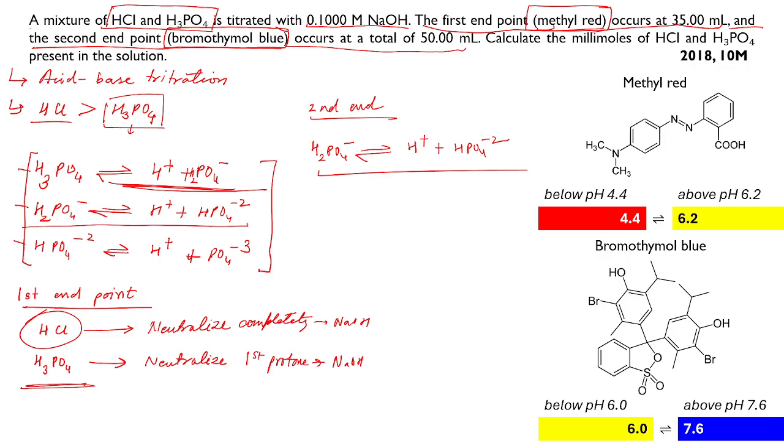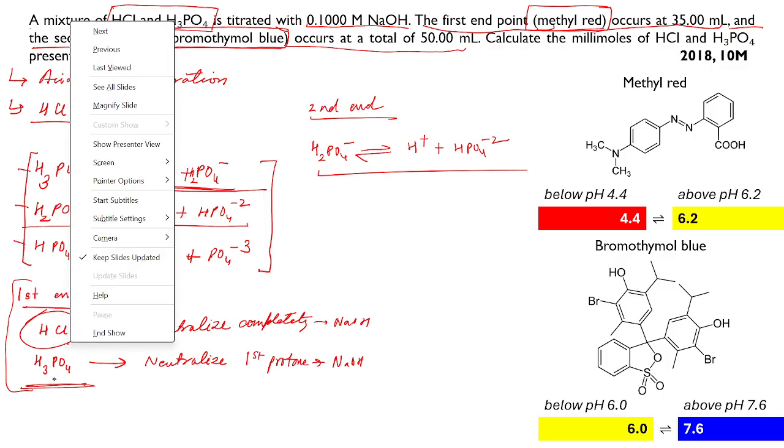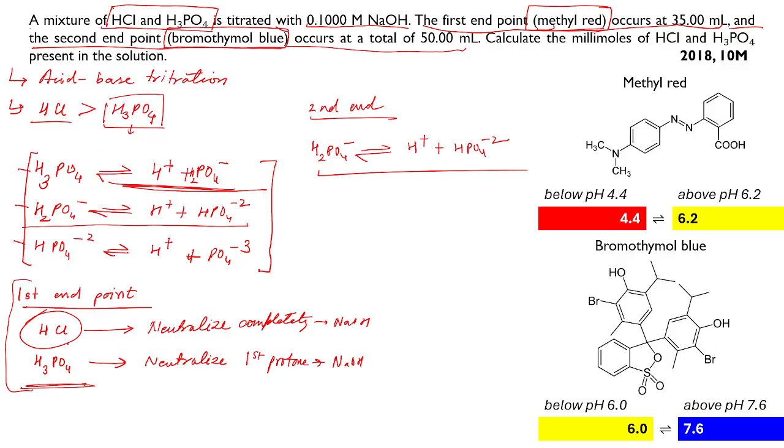See, during the first endpoint, because HCl is a strong acid and initially H₃PO₄ also behaves like a strong acid, so at this point the pH is generally going to be below 4 or even very low.